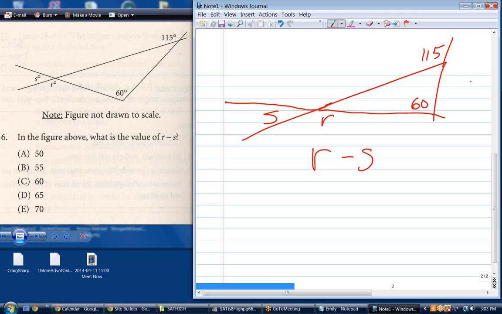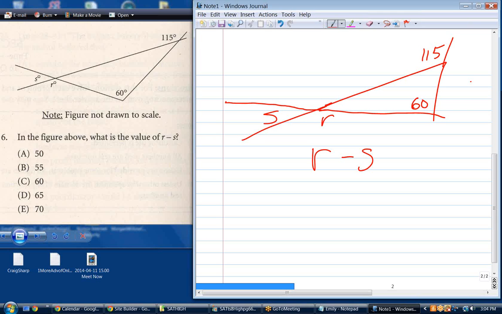Figure not drawn to scale. I guess the number one question you have to ask yourself is, can you solve for r minus s as an entity, or do you have to solve for r and solve for s and figure out what r minus s is?